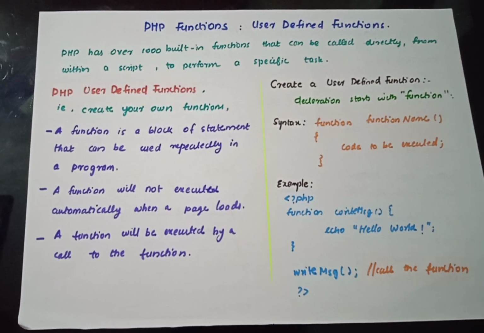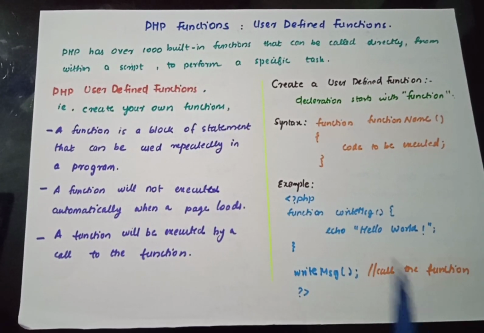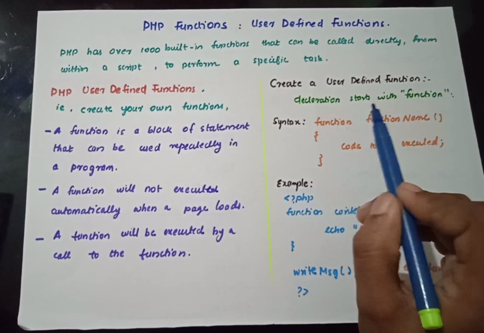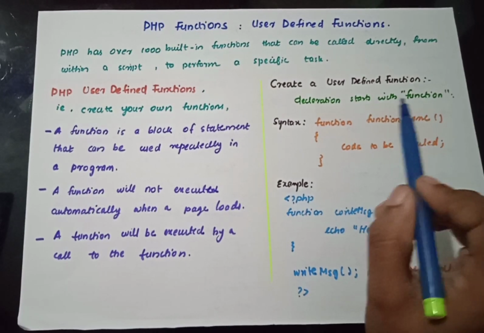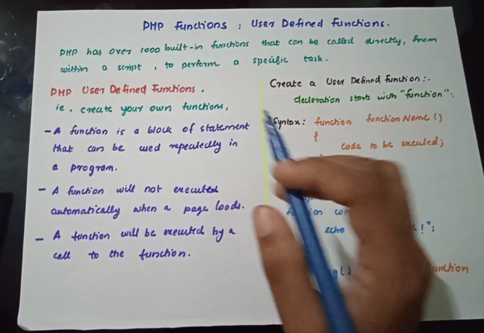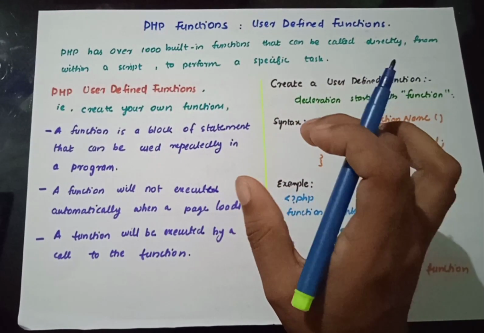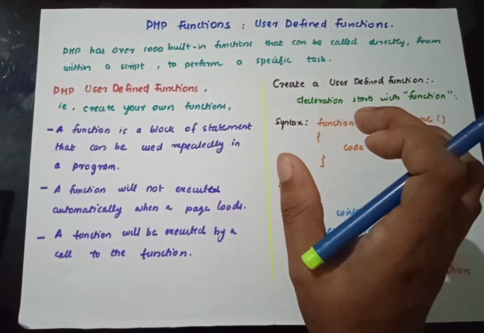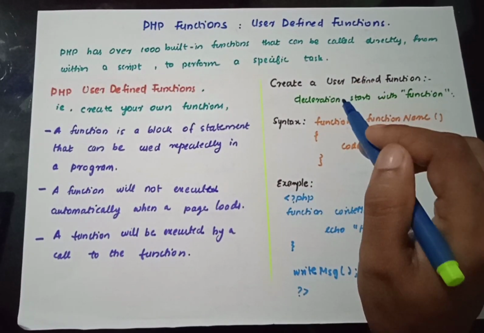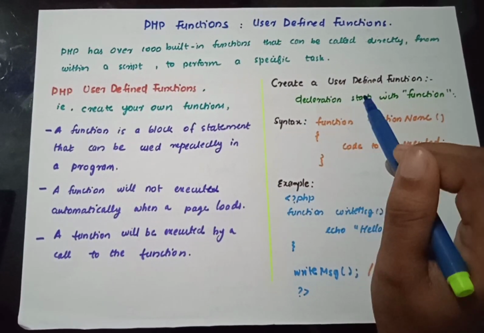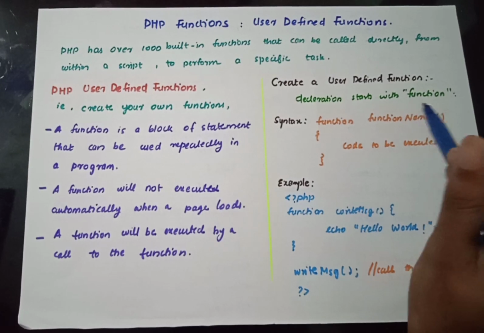So let's see how to create a user defined function. The declaration starts with the word function. As we saw when defining a switch statement, firstly we write the word switch and its condition. Like that, for defining a user defined function, you first write the word function.